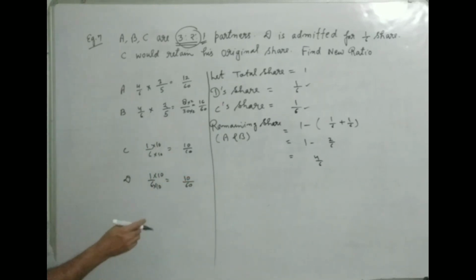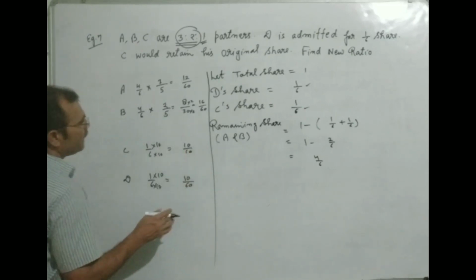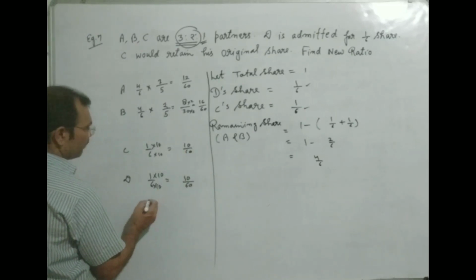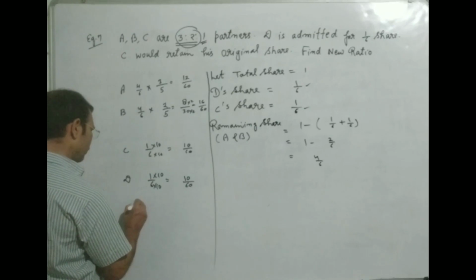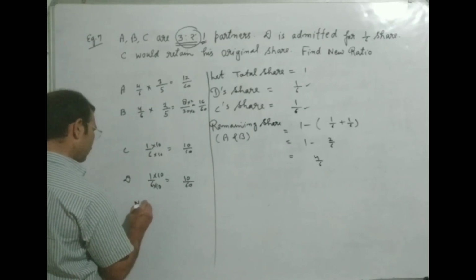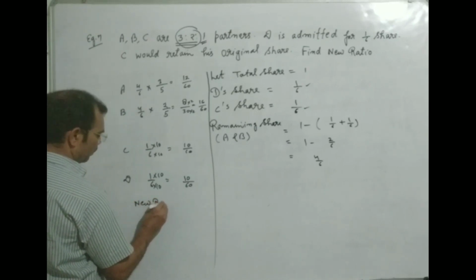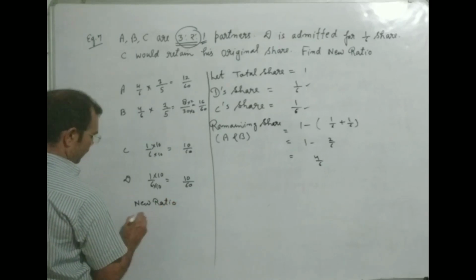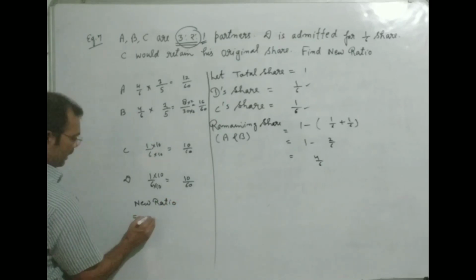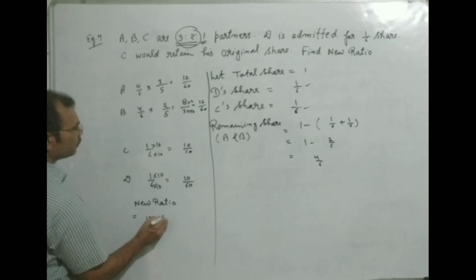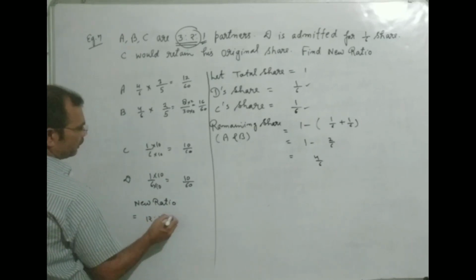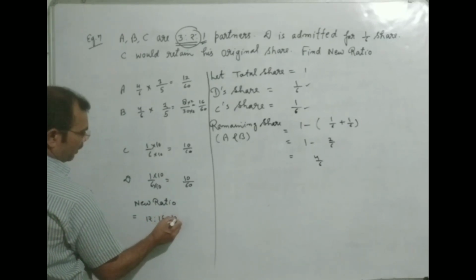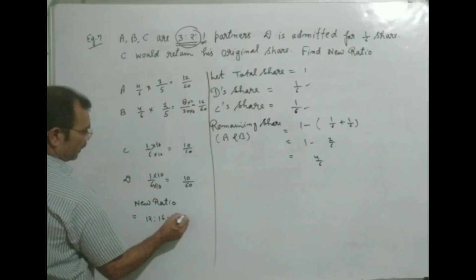Now all the denominators have been made equal, so we will find a new ratio: 12:16:10:10.